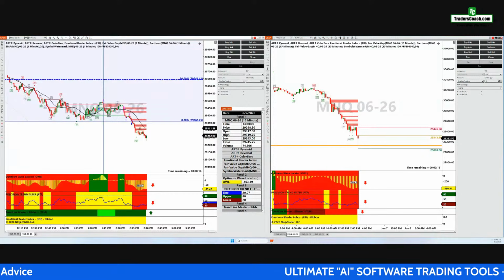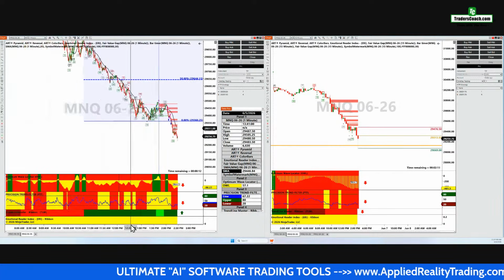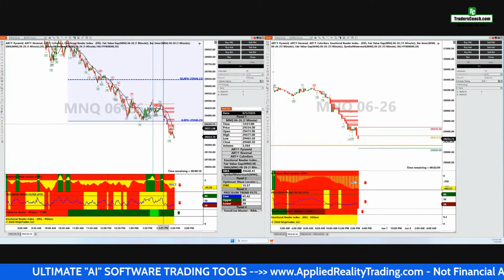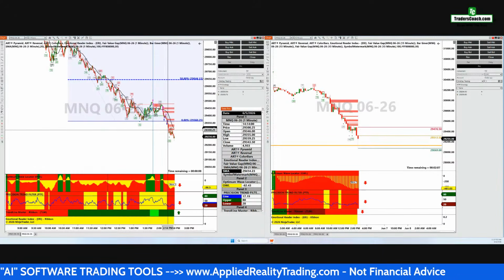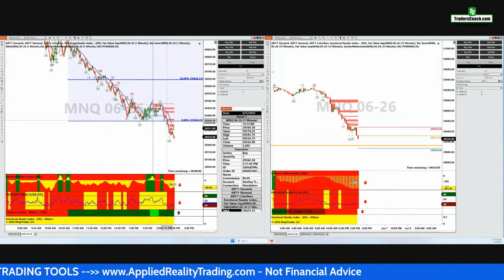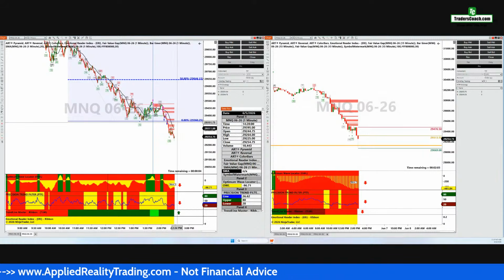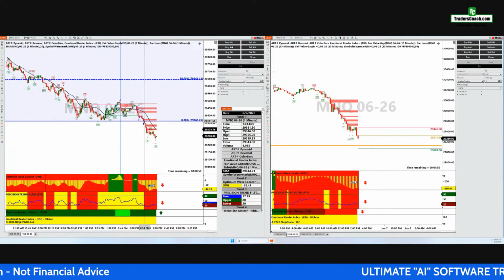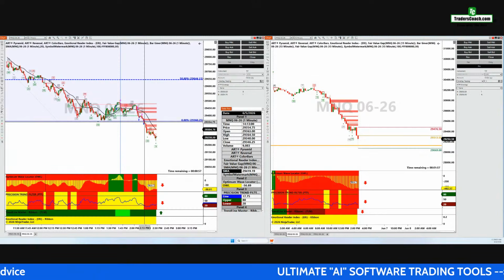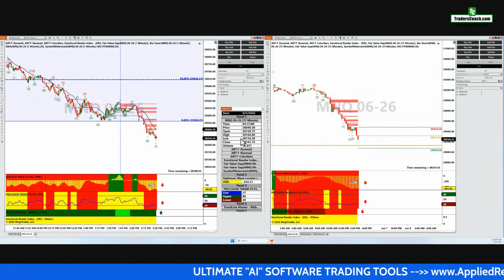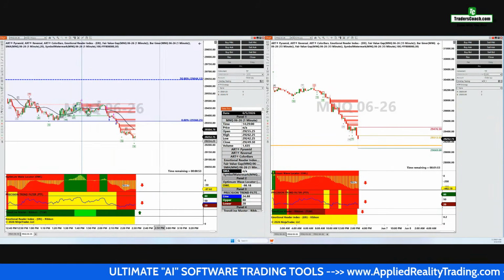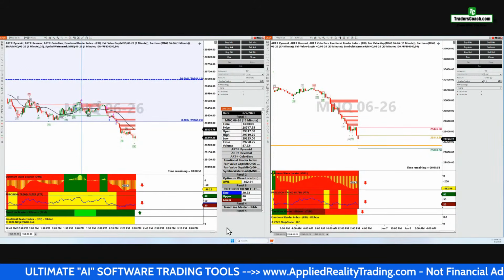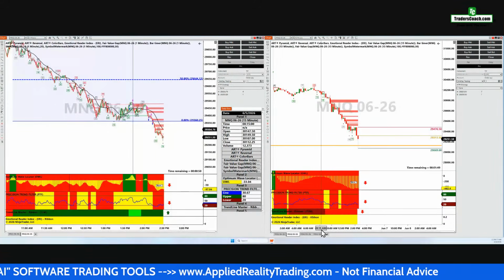All right, PTFs are both red, so we should be heading down there. Notice it turned red right after we got out here because it was yellow before. All right, so here's what it does sometimes.